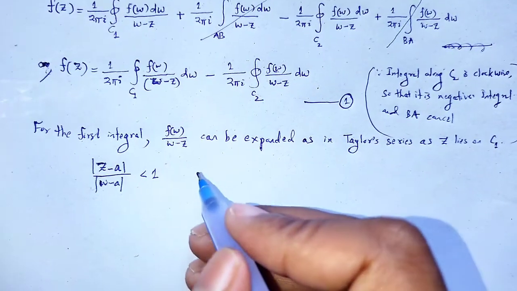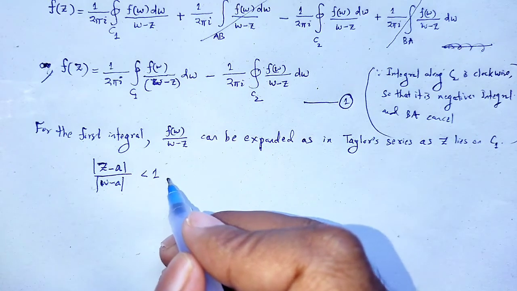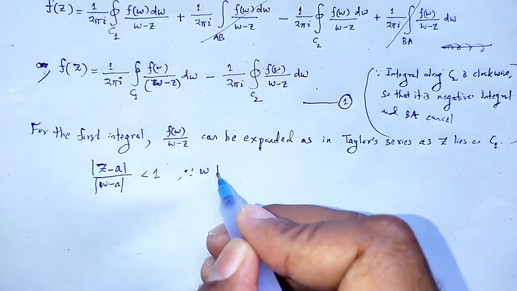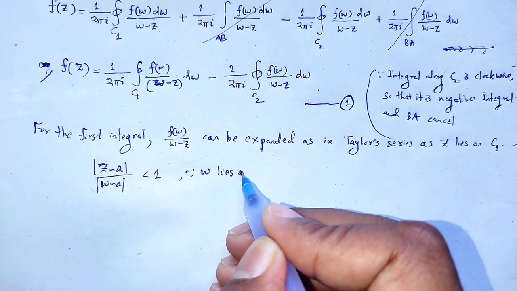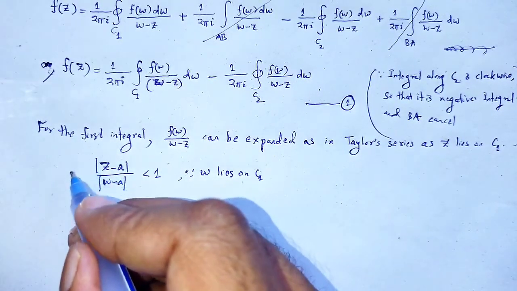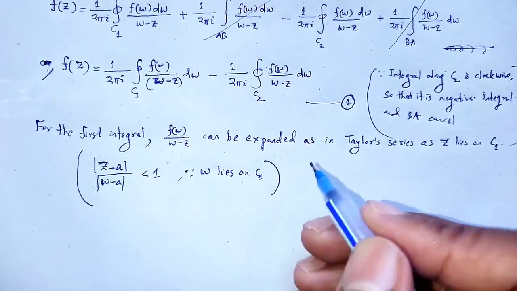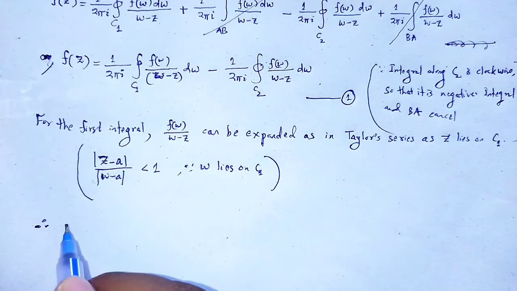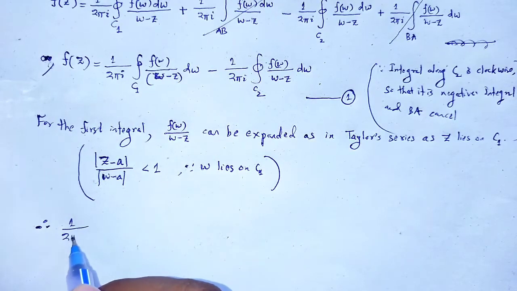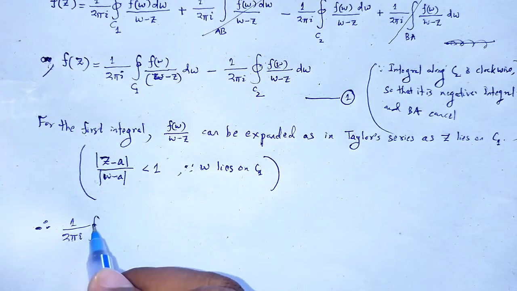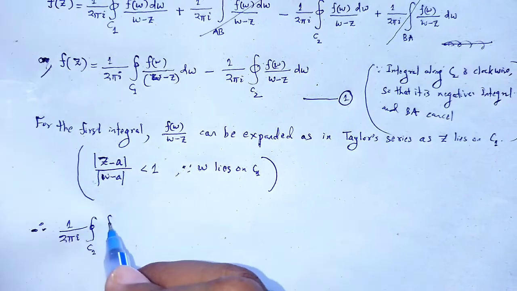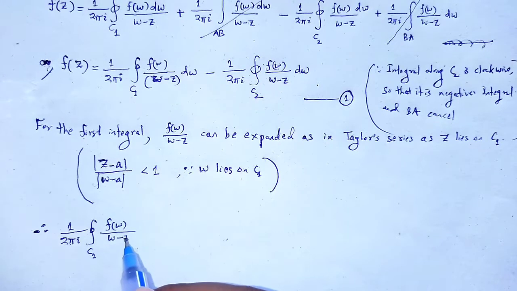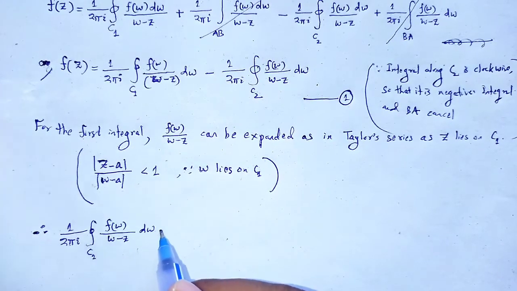Therefore, since w lies on C1, the first integral is now converted to 1 divided by 2 pi i closed curve integration over C1 f of w divided by w minus z dw.